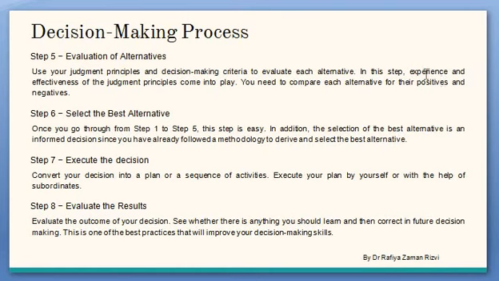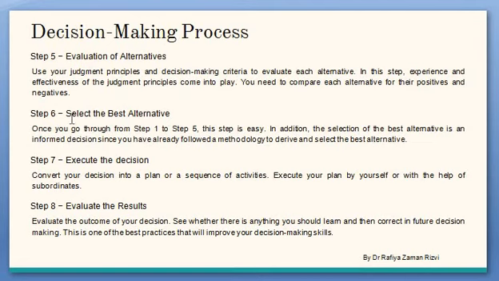In this step, experience and effectiveness of the judgment principle come into play. You need to compare each alternative for their positives and negatives. So we evaluate each alternative solution and find out which will have what positive effects and what are the negative effects, the pros and cons.